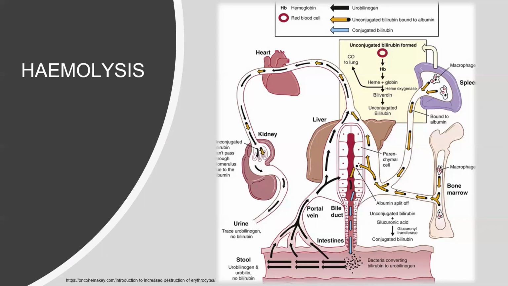The remaining protoporphyrin is degraded through a series of biochemical reactions in different tissues and organs. While protoporphyrin is inside the macrophage, heme oxygenase acts on it, breaking the porphyrin ring to yield a linear molecule, biliverdin. Right, here you can see.